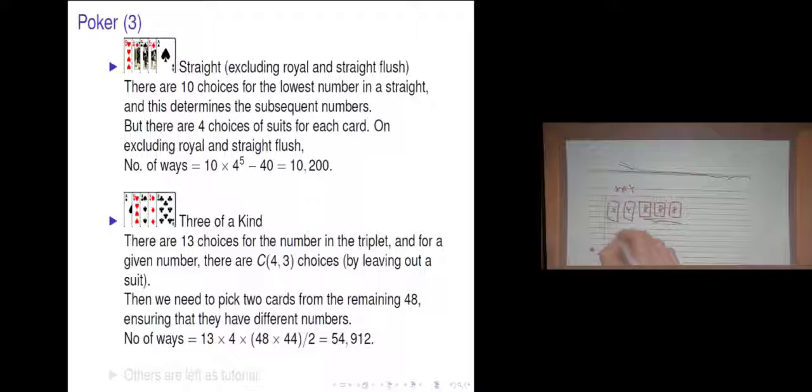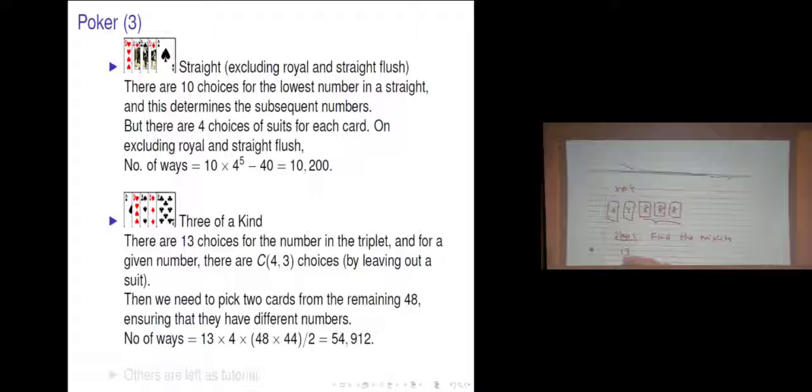Okay, step 1. Let's fix the triplets, right? So we have 13 possibilities to choose the number. So step 1, find the triplets. The number of ways is 13.